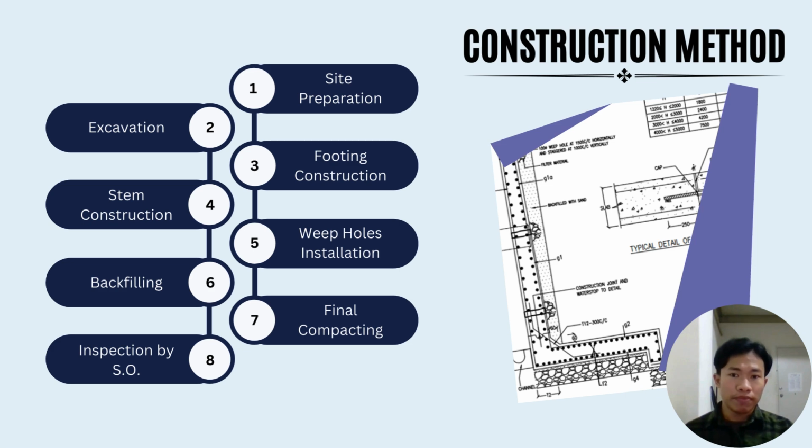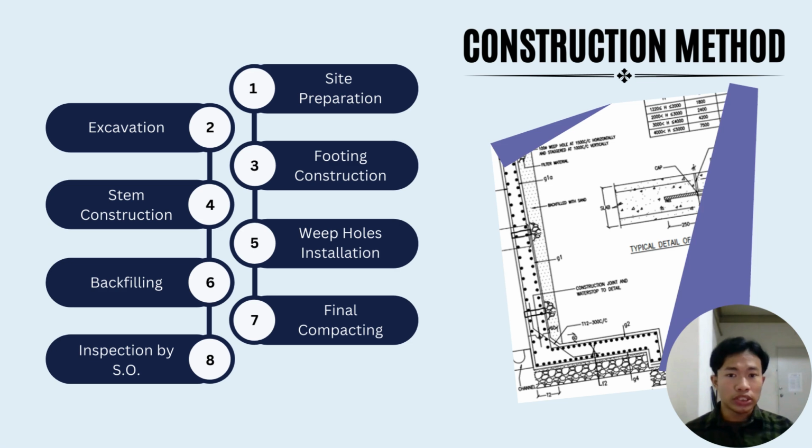Site preparation involved clearing the site and marking the wall location. Excavation included digging and preparing the trench for the footing. Footing construction involved pouring and compacting concrete, while the stem construction required erecting the vertical part of the wall and maintaining the batter ratio.